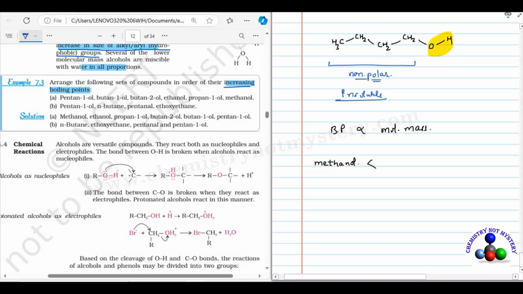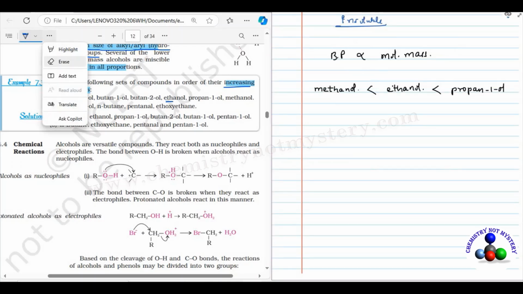After methanol, there is ethanol. So here we can write ethanol. After ethanol, we can write propane-1-ol. After propane-1-ol, we have to compare between butane-1-ol and butane-2-ol.